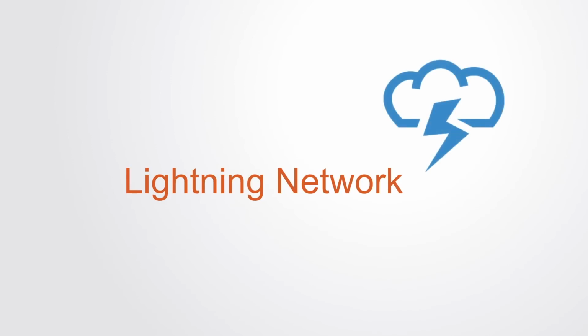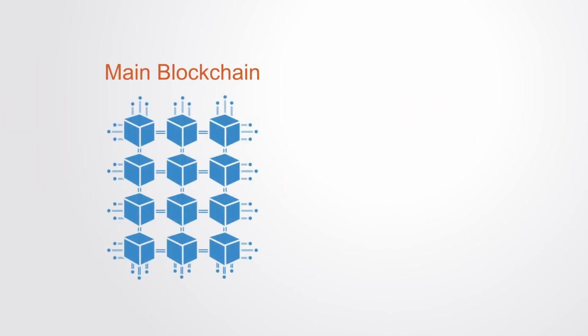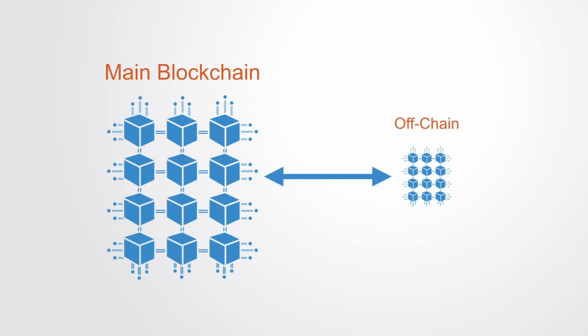The Lightning Network is one such project that seeks to extend the capacities of existing blockchains. The main idea is that small and non-significant transactions do not have to be stored on the main blockchain. This is called an off-chain approach, because small transactions happen off of the main blockchain.